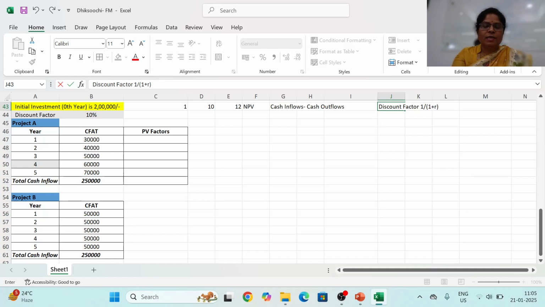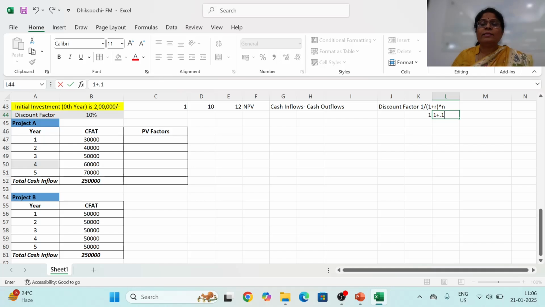We generally say whole power n. Here r, as per our problem, is 10%. Let me write the numerator in this box and the denominator in the next box, that is 1 plus 0.1, and then whole power n.